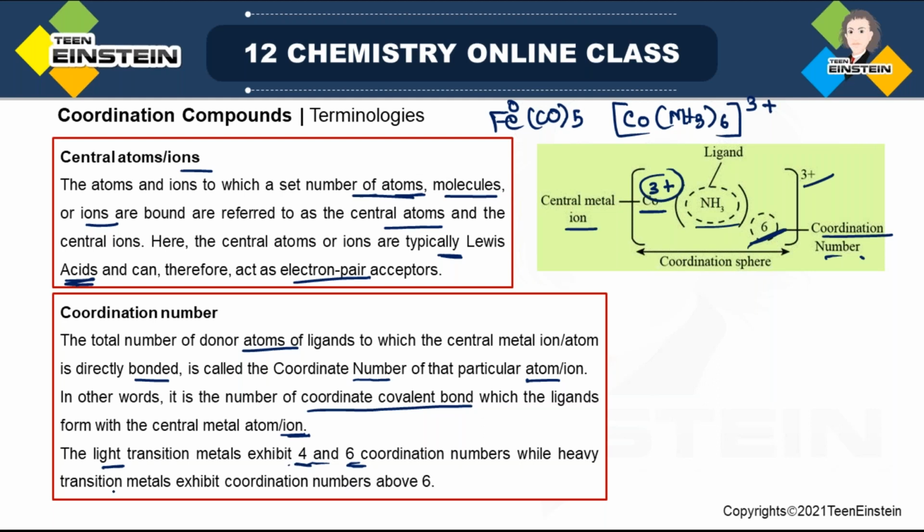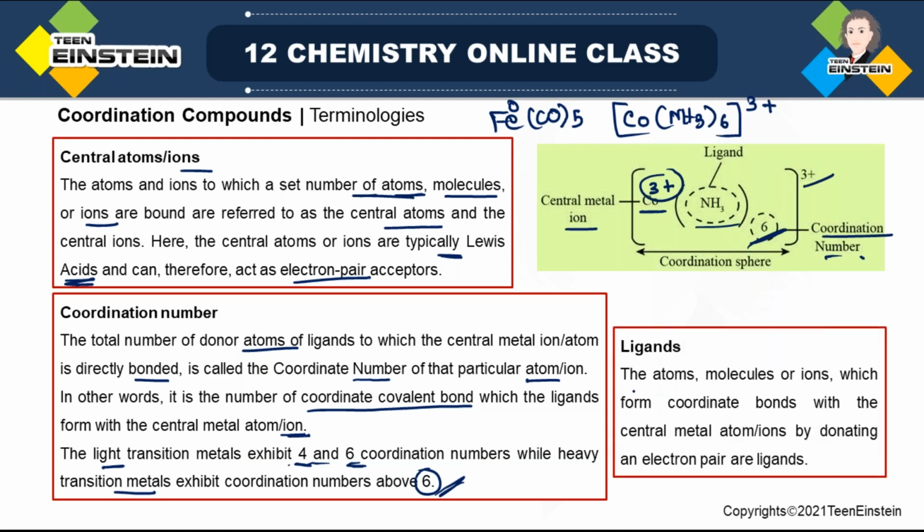But if it is heavy transition metals, for example platinum, palladium, or some other metals, when size is very high, coordination number can easily increase, because the space around the metal atom or ion also increases because of their larger size. So now it can accommodate a higher number of ligands surrounding it. Okay.